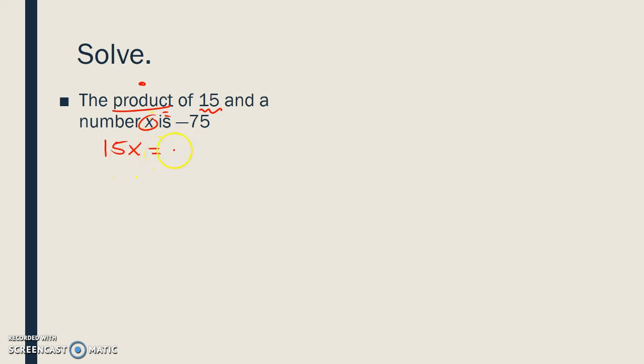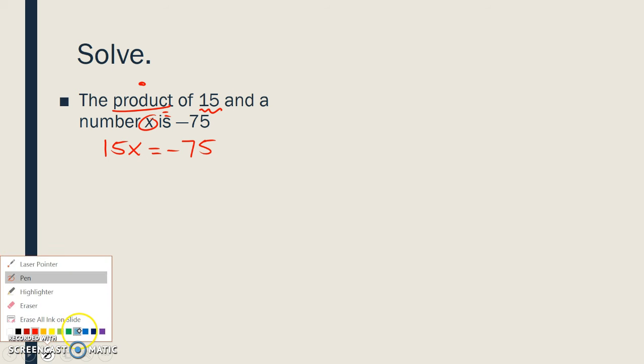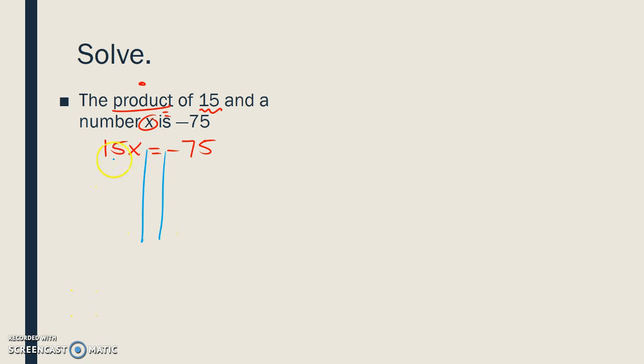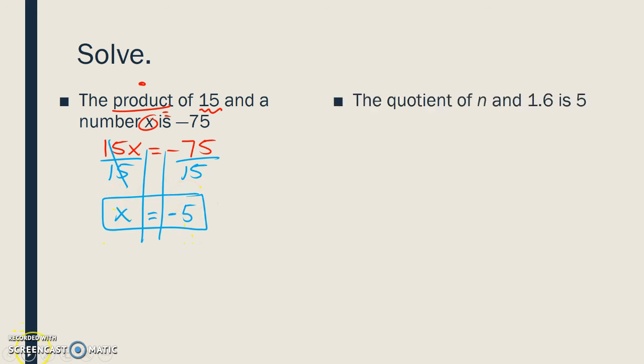Is an equals negative 75. So from there, we're going to go ahead and solve. I'm going to draw my tracks. This is multiplication, so I'm going to use division in order to get my x by itself. X equals a negative divided by a positive is a negative. And then 75 divided by 15 gives me 5. So x is equal to negative 5.